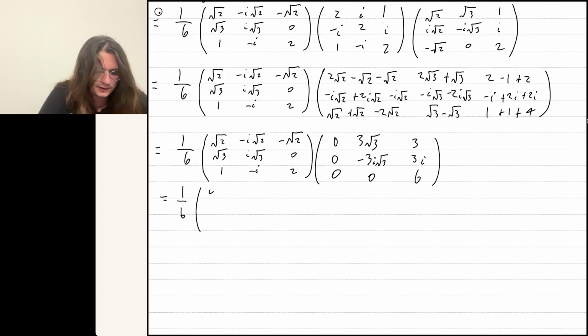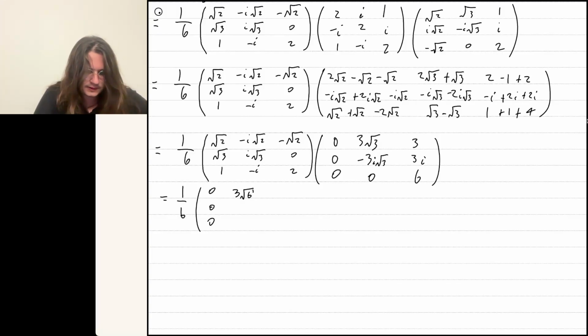So I can tell you the first column is 0 for free. And then it's root 2 times 3 root 3, so 3 root 6. And then it's positive i squared 3 root 3, so minus 3 root 6. And then 0. And then this is 3 root 2 plus 3 root 2 minus 6 root 2.